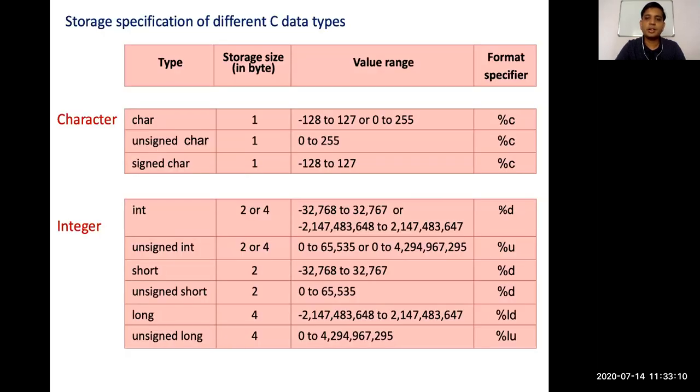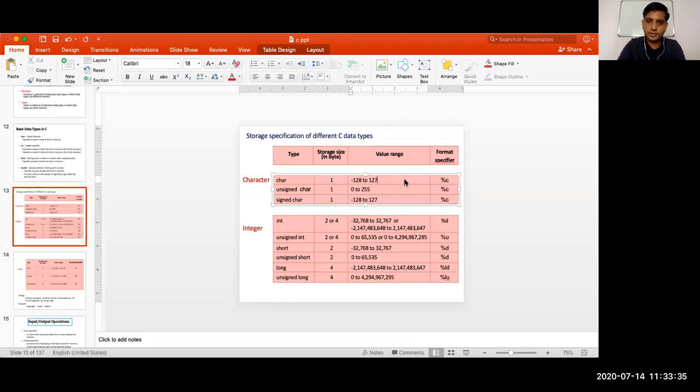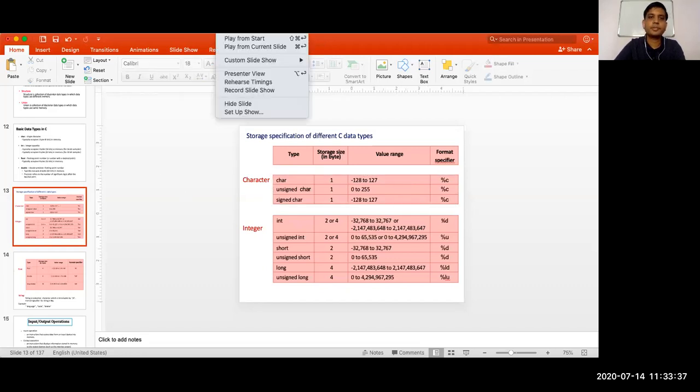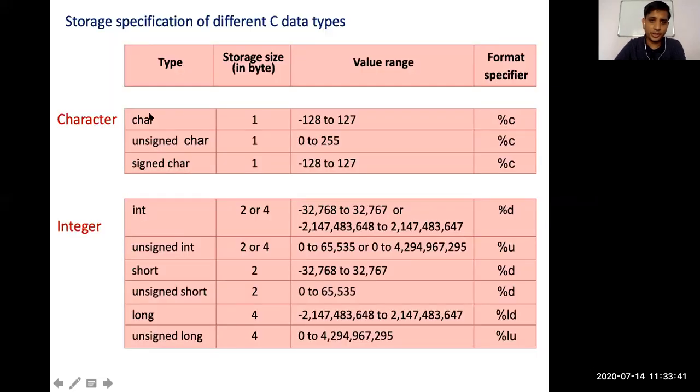Now next is the range of these variables. First talk about the character. If you are creating a character variable, by default it is a signed character.